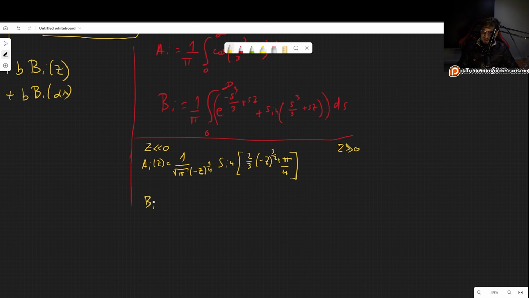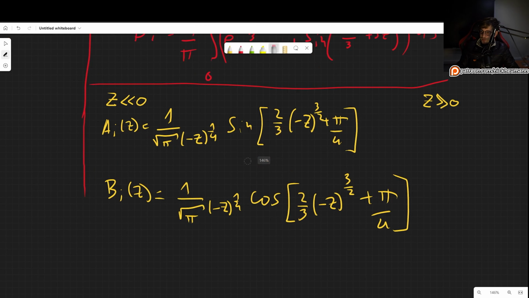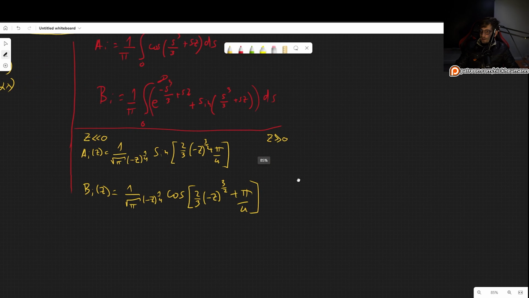And then Bi will be relatively similar: 1 over square root of pi times (minus z) to the 1/4, and then the cosine of the same thing, cosine of 2/3 (minus z) to the 3/2 plus pi over 4. Let me just rewrite this 4 here so that I don't make a dumb mistake later. Okay, and now I'm going to move this to the side. This is of course in the negative region.